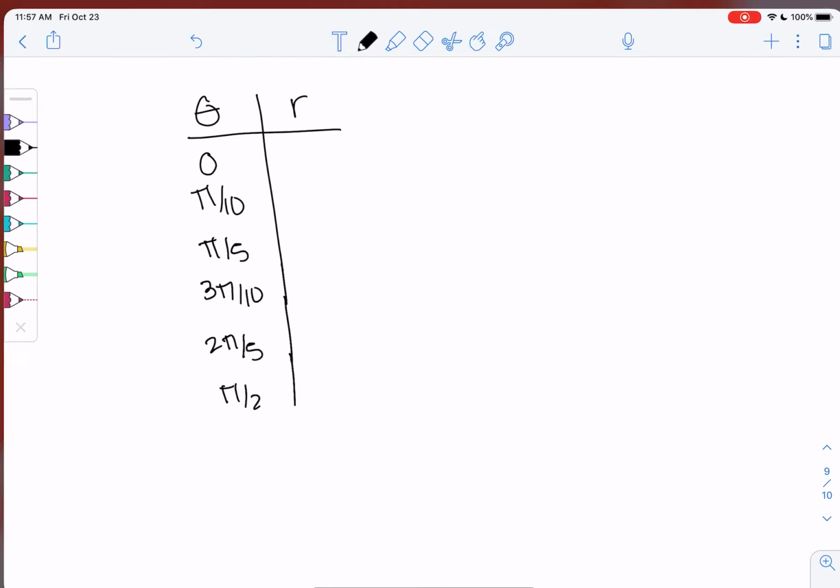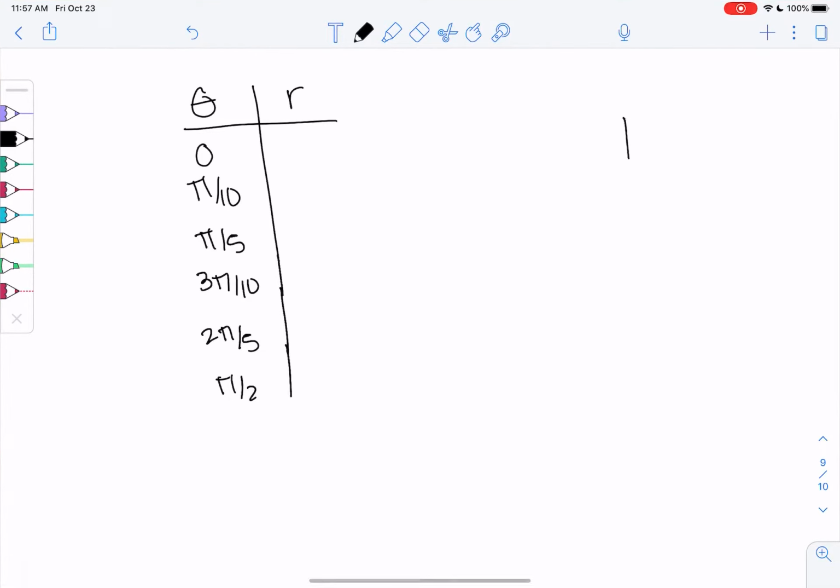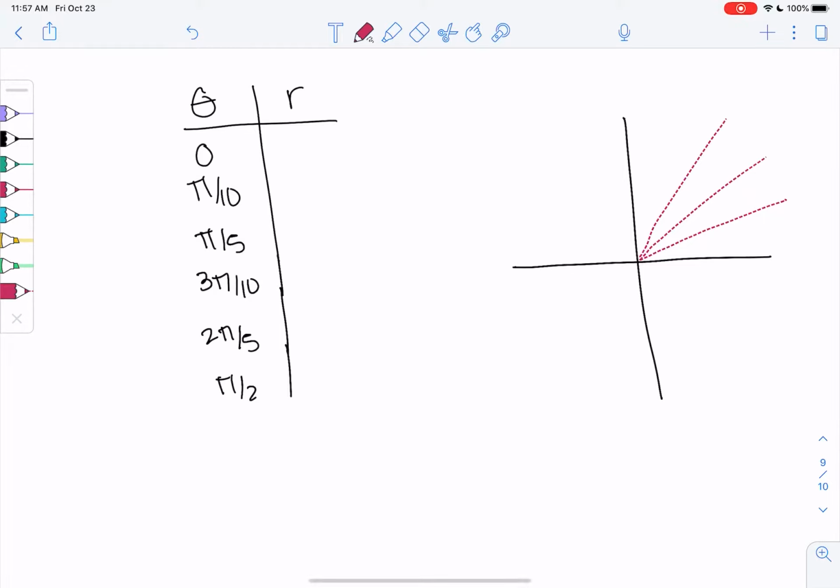All right. So I am going to draw a polar graph. And I'm going to estimate what pi over 10 would be. So pi over 10 is just some small angle. 2 pi over 10, 3 pi over 10, 4 pi over 10. I'm basically cutting the top half into tenths.